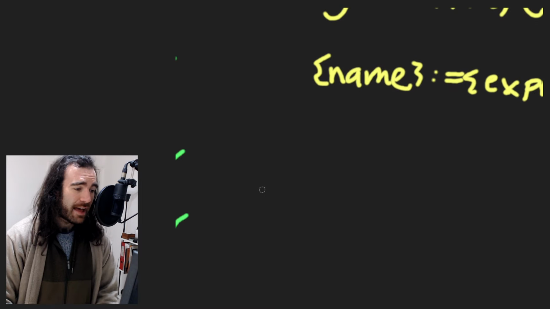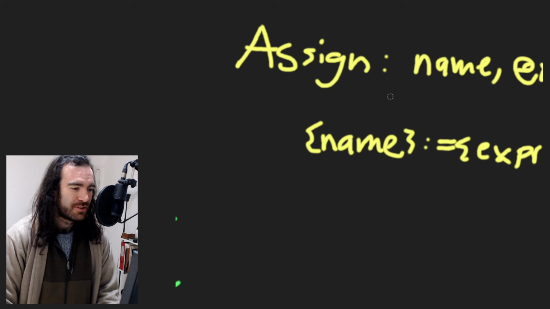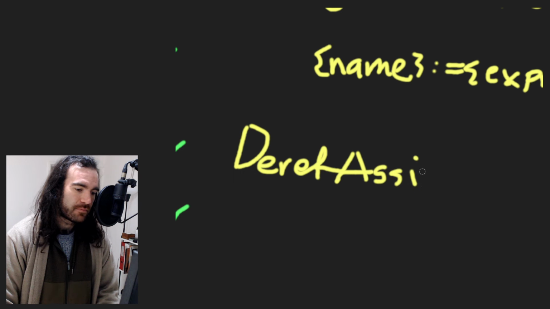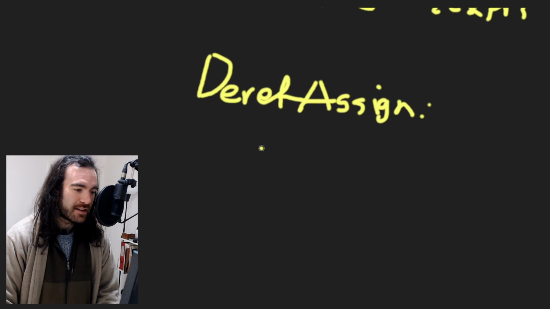So I'm gonna add a new rule. I can't shoehorn this into what is currently an assign, but let's say deref assign. It's gonna take an expression and an expression.